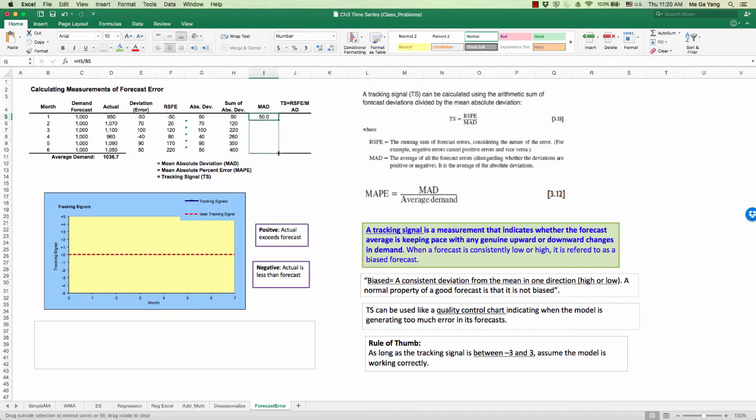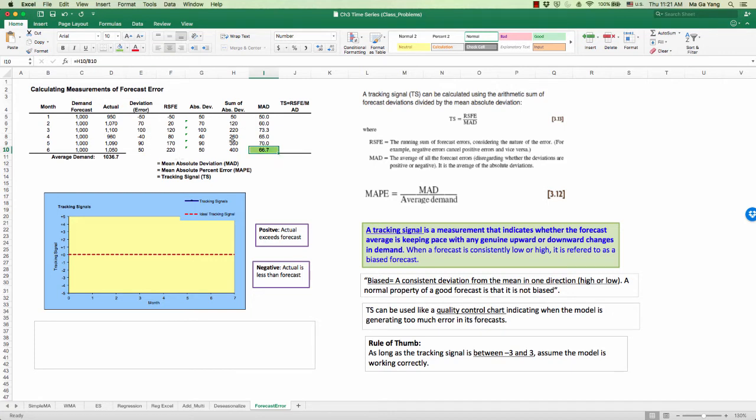Then copy the formula. Actually, mean absolute deviation can be calculated more easily, but this is the way you can try to find out the tracking signal. So I'm showing the more complicated way here.